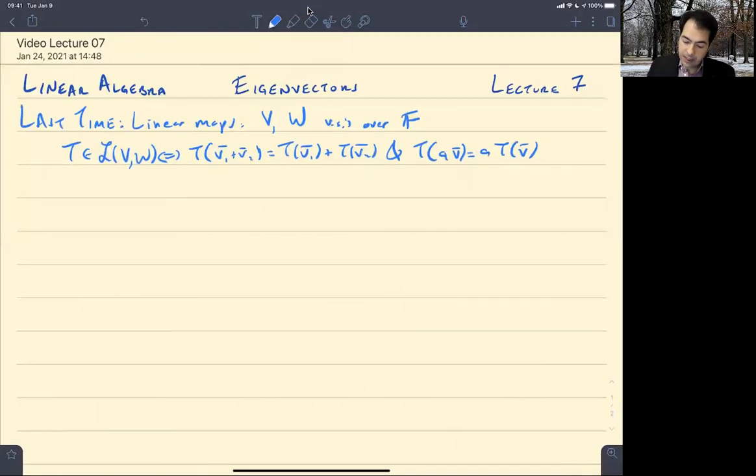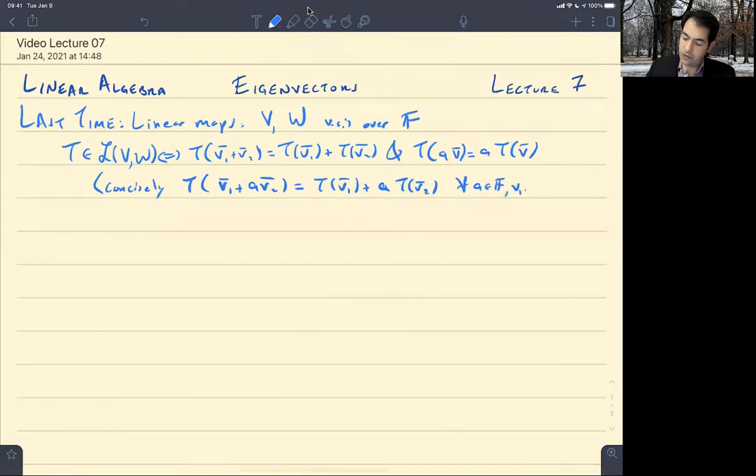Right? And I bring this up because it's convenient to have a concise formulation. You can do this all in one go. Concisely, it's enough to know that T of V1 plus A times V2 is equal to T of V1 plus A times T of V2 for all A in the field and V1, V2 in the vector space.